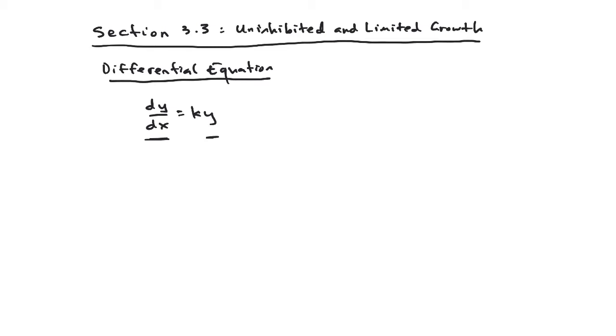Unlike a regular equation, like x squared is equal to 4, where we could say x is equal to plus or minus 2, in the case of a differential equation, our solution is going to be a function instead of an actual number. This is what's called the growth equation if k is positive.